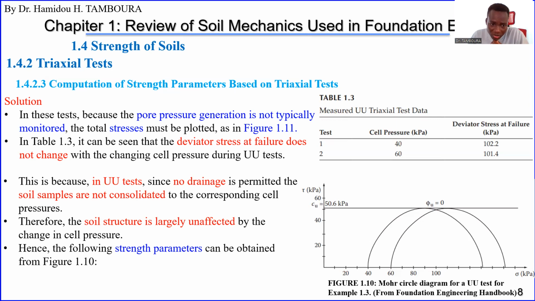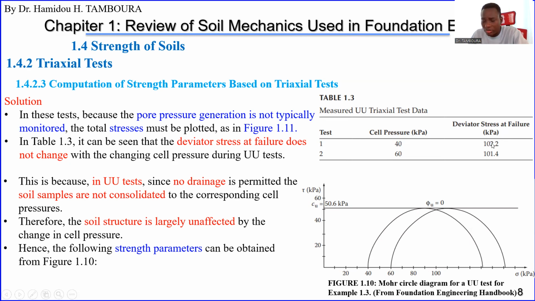Okay. So the strength parameter obtained from this figure. How do you obtain this figure? If you take the first test, for example, you have a deviator stress of 102. This is just the difference between sigma 1 and sigma 3.